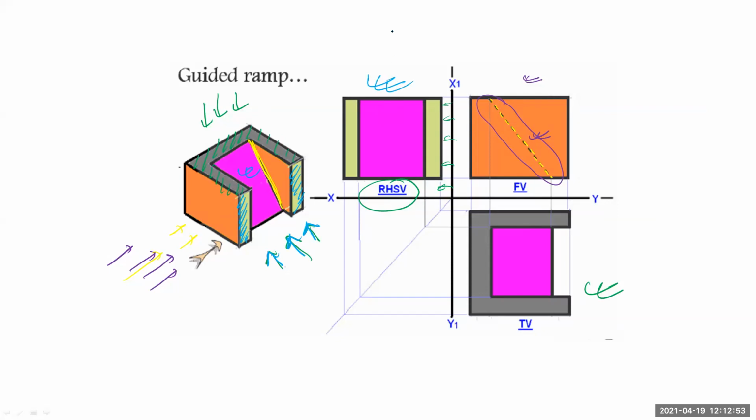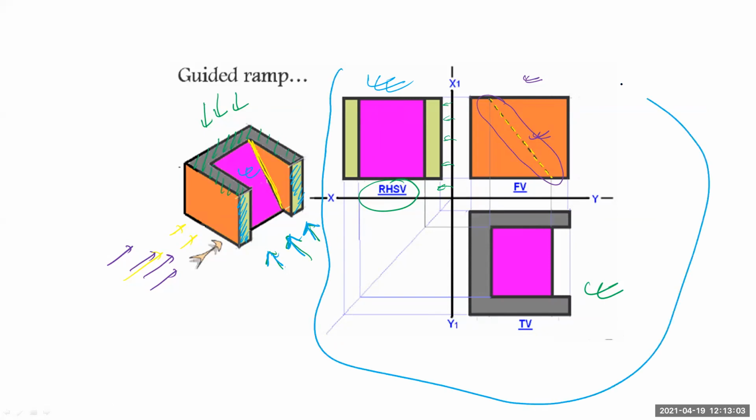Okay. Now I hope you people are getting a better understanding and idea of how to draw these views. So let me tell you, this portion, what you can see, that is your front view, your top view, and your right hand side view.